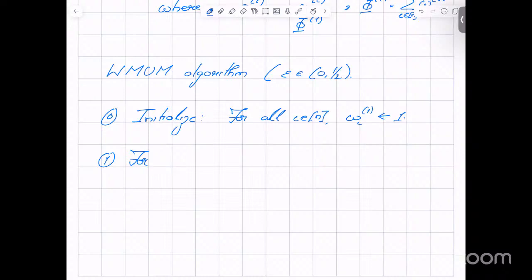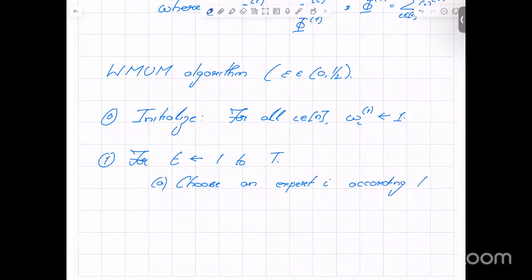Then for each time step, for t going from 1 to T, you choose an expert i, choose a decision, according to the probability distribution Pt equals P1t, P2t, up to Pnt.